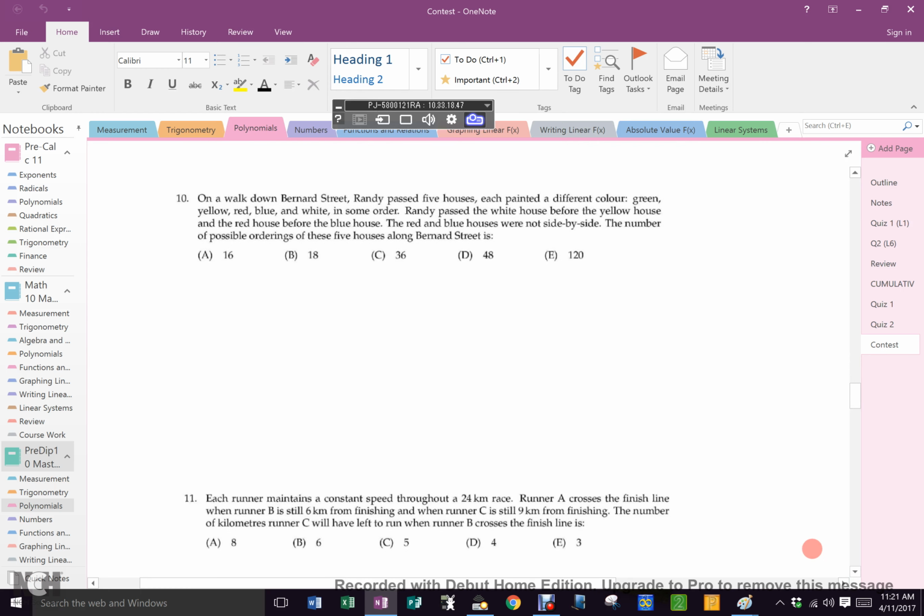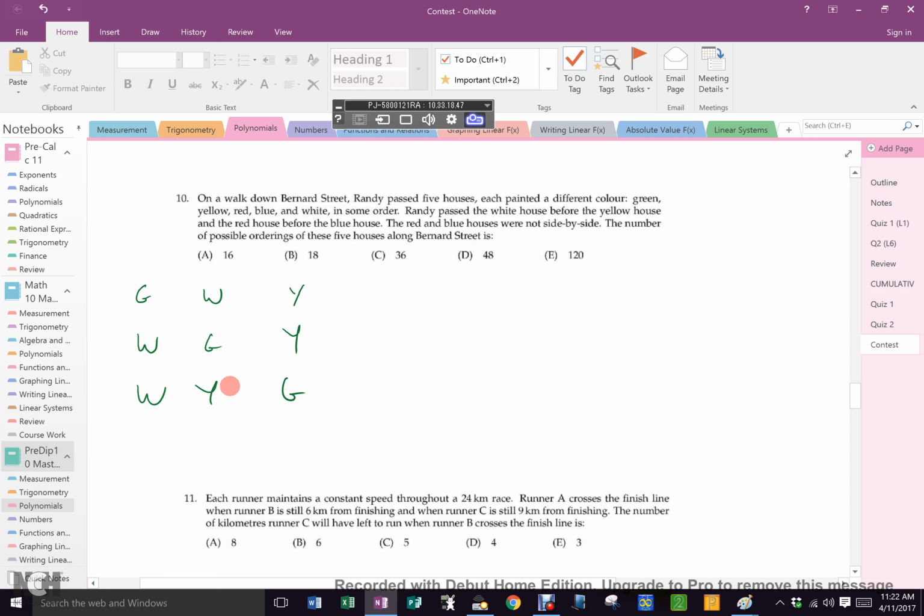And number 10, I told you guys I'm pretty weak at this. So what I did was I dealt with the first 3, green, yellow, white, because all I know about white is it comes before yellow. So it has to be white, yellow. So the green could go there, or there, or there.